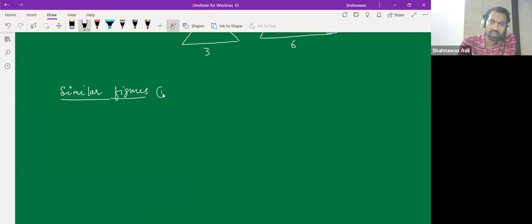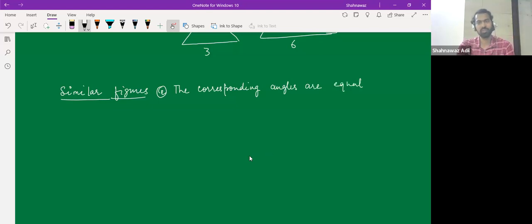The first property of similar figures is that the corresponding angles are equal.